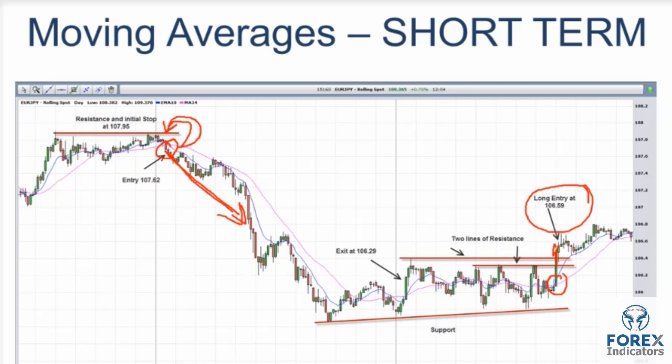Now we could look at any time frame which suits our work schedule. We could look at daily charts if we only want very few signals because we're busy at work, or we could look at 5-minute charts because we're in front of the computer with all the time in the world. The 5-minute charts will obviously give us different signals to the daily charts, but they all allow the opportunity for profit.